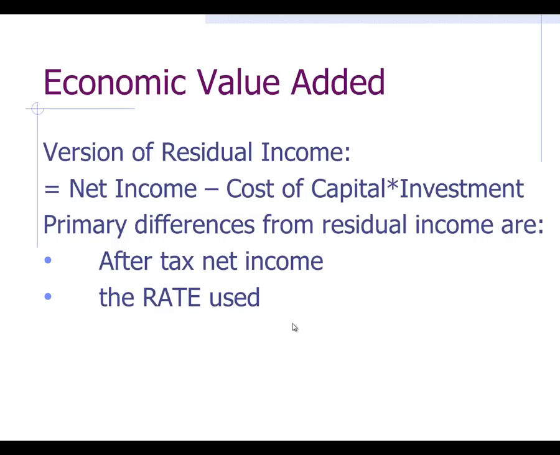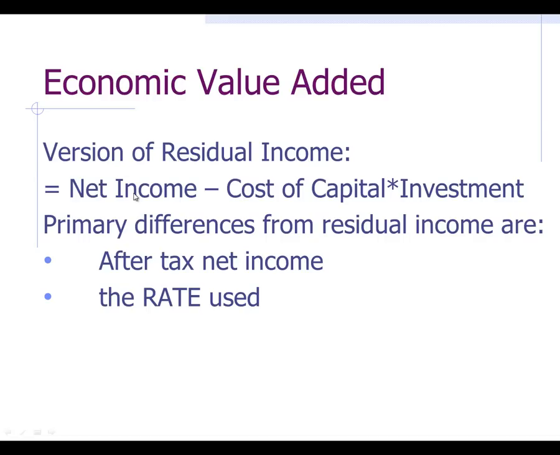Now, to put just a small twist on residual income, we can calculate what we call the EVA, economic value added. There's only a small difference in the formula for EVA versus residual income. So you'll notice that instead of using operating income, we're going to use net income. So net income is going to be your income after you take income tax into consideration.